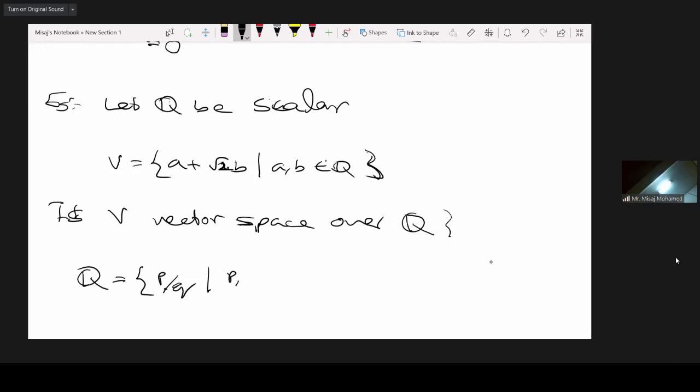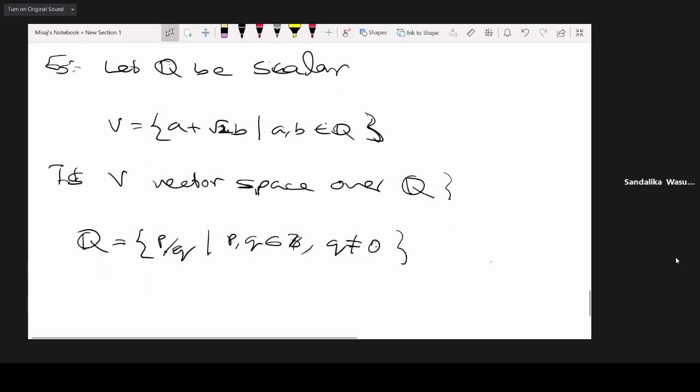It is p over q such that p, q are integers and q must be not equal to 0. All positive, negative, decimals and fraction numbers including 0.